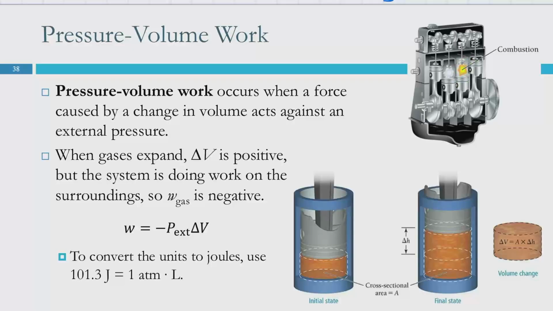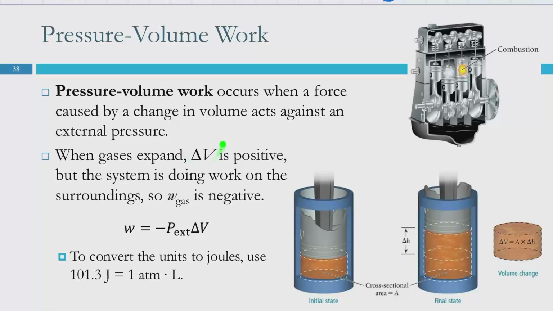We're blowing something up, we're causing a rapid expansion inside of the cylinder, and it's forcing the piston to push out, and there's pressure outside. So in the process of pushing, we have to displace stuff, and so there's work being done when that happens.